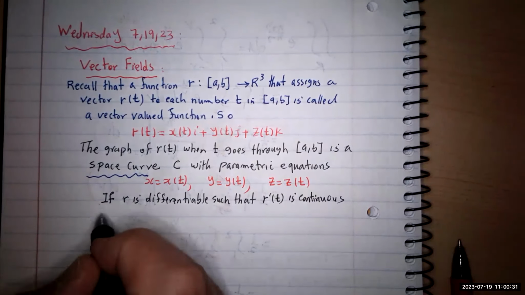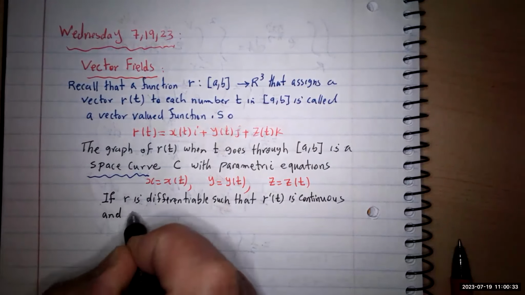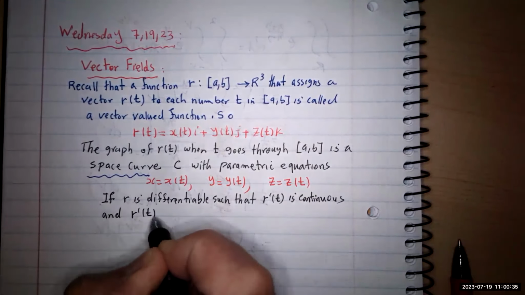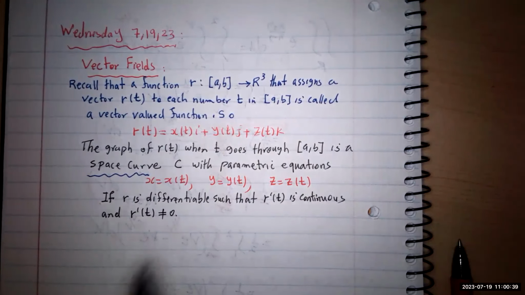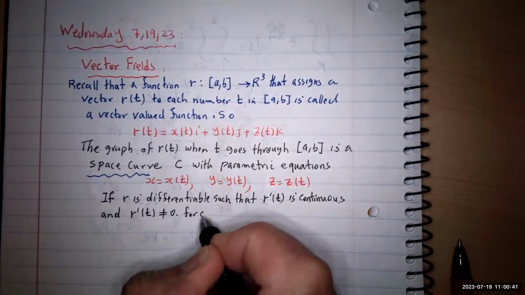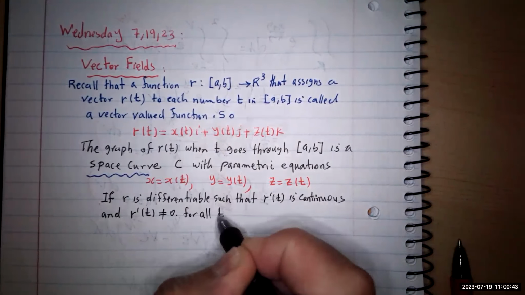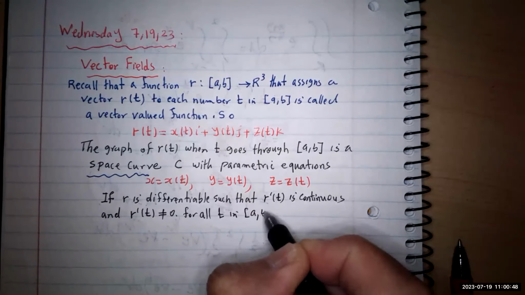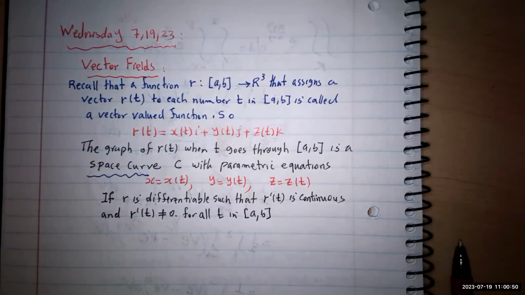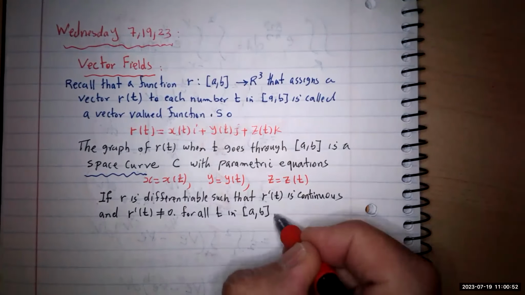But we assume that in this case it is continuous. So if it's continuous and never zero, because we want to use it for the integral, we don't want it to be zero, non-zero for all t in the domain that we're going to have. If these conditions are satisfied, then we say that C is a smooth curve.